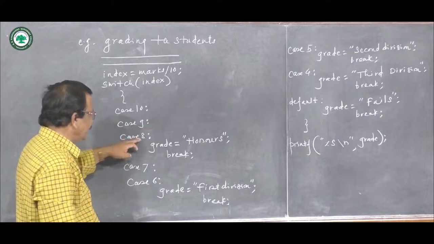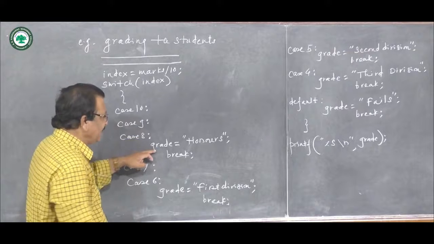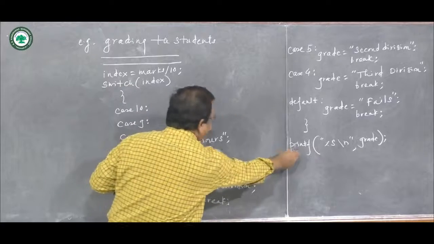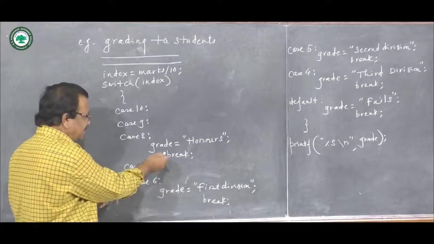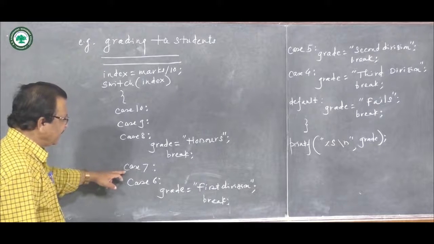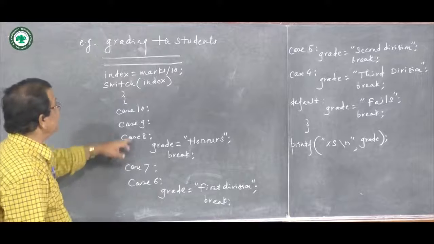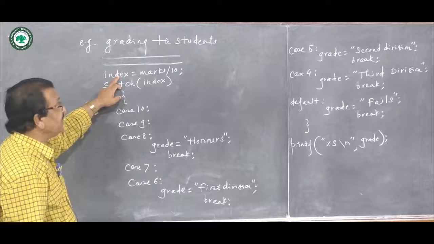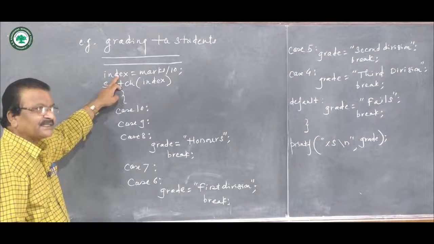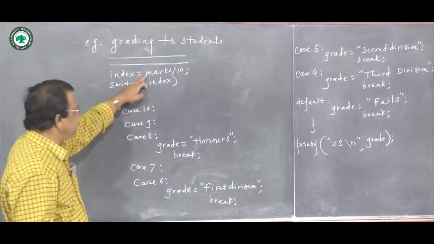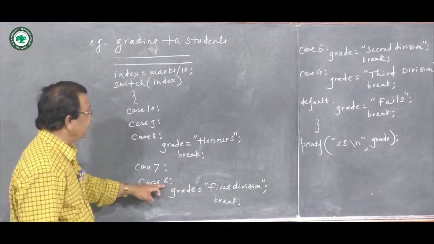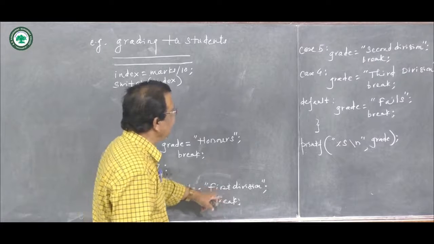Nothing is there, it will go to 8, and then it will print the grade honors by this printf statement, because this break will provide exit from the switch. Similarly, if a student secures mark 61, the value of index will be 61 divided by 10. Being an integer division, the answer will be 6, not 6.1. Then what will happen? It will directly jump to this particular case and it will print first division.